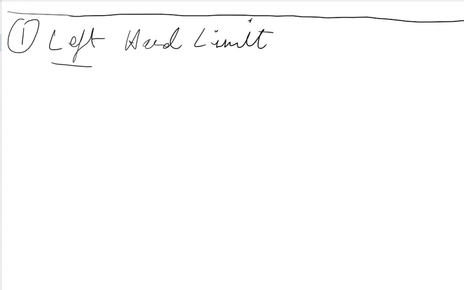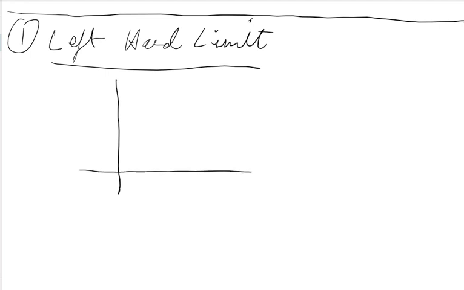Left hand limit. In left hand limit, this is how it is. I'm drawing the y-axis. That's not a y-axis, because that has gone away. So this is a proper perpendicular y-axis. This is the x-axis. Let's extend the negative part of the x-axis also.